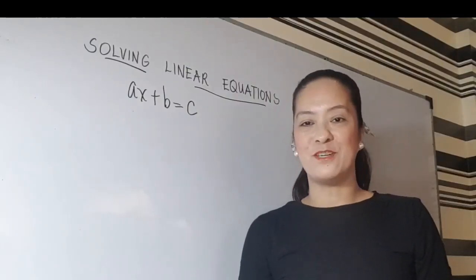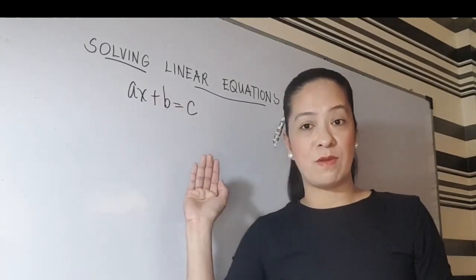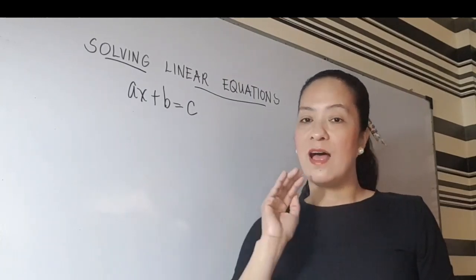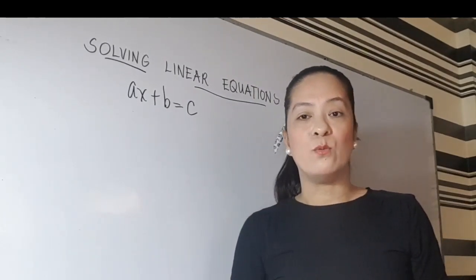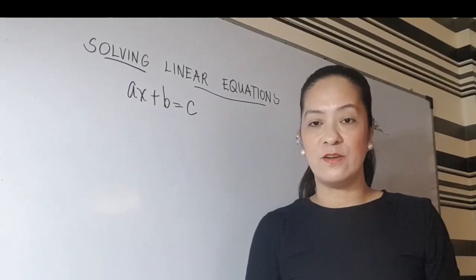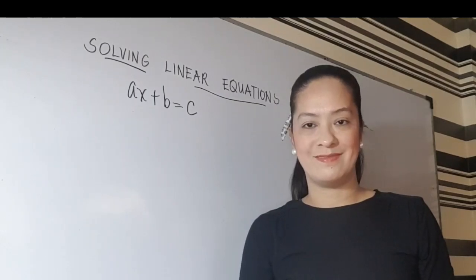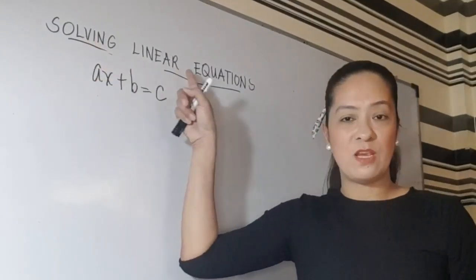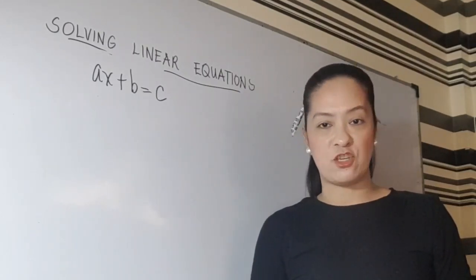Our main goal for this lesson is to find a solution for the equation. A solution or root is any number which, when substituted for the variable, will make the equation true. Solving an equation often requires two or more operations.